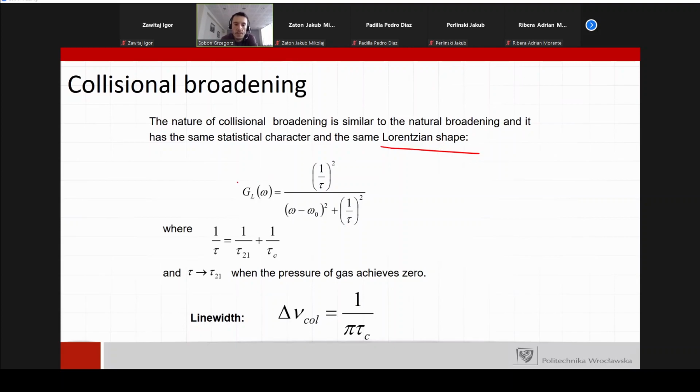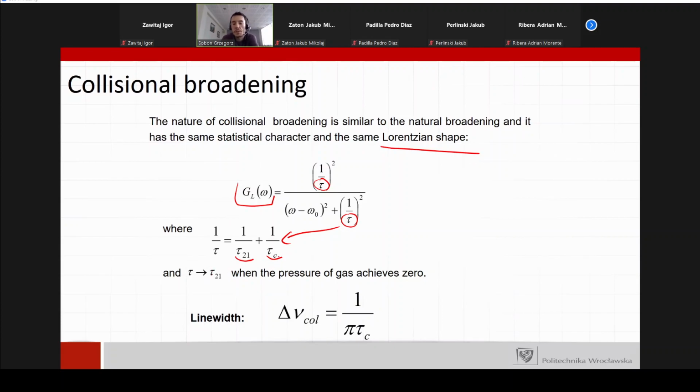So this is the general formula. This tau here now is something that combines the collisional lifetime and the lifetime of the energy state from the natural broadening, right?